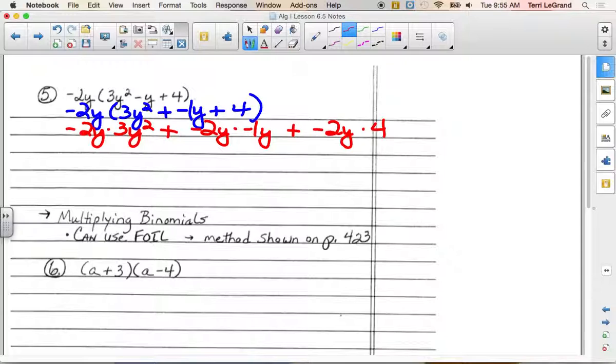So negative 2y gets multiplied by all three terms of the second polynomial. We have three multiplications actually going on. We should end up with a trinomial answer.